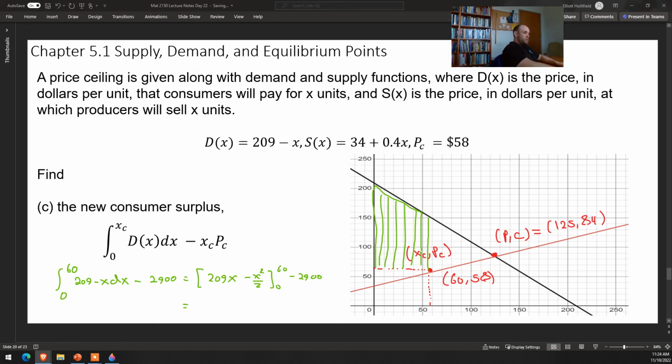That is 209 times 60 minus 60 squared divided by 2, and then minus 2,900. Here I got 7,840.